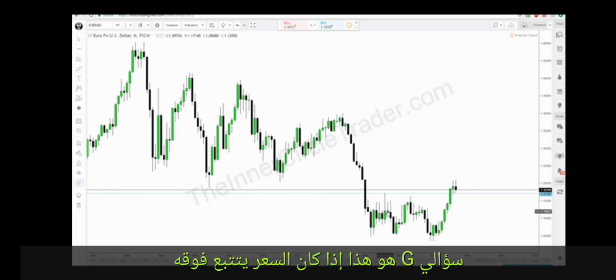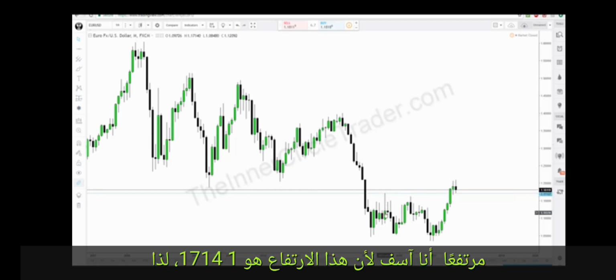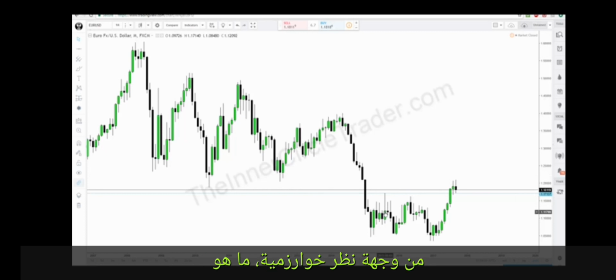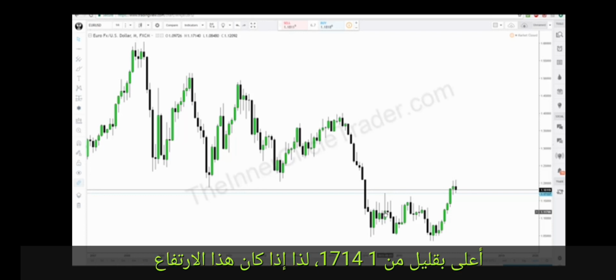Okay, so my question to you is this: if price trades above this old high back here, because we broke through that, and this high is 117.14, from an algorithmic standpoint, what price level would it want to reach back down into if it's going to go down for support? 117.20, because it's just above the 117.14, right?